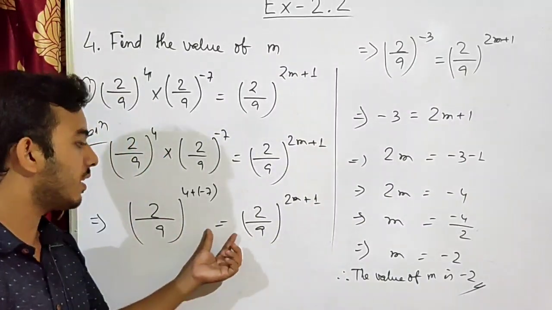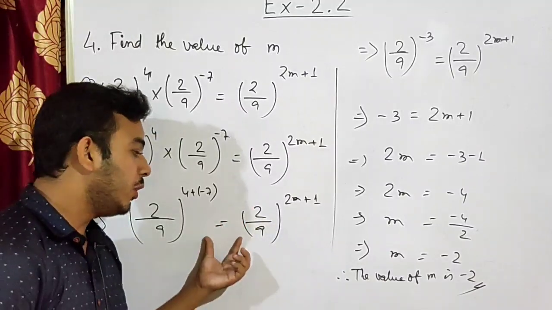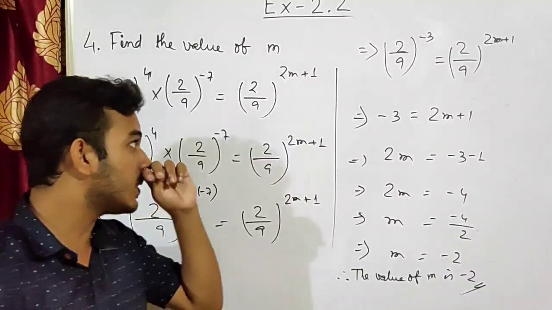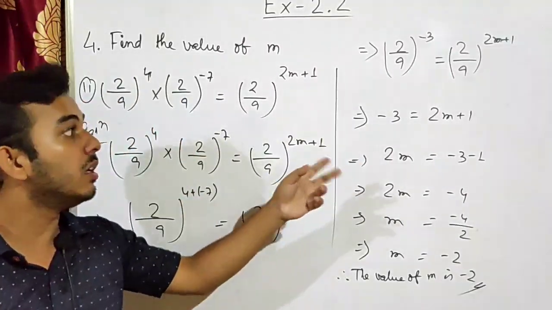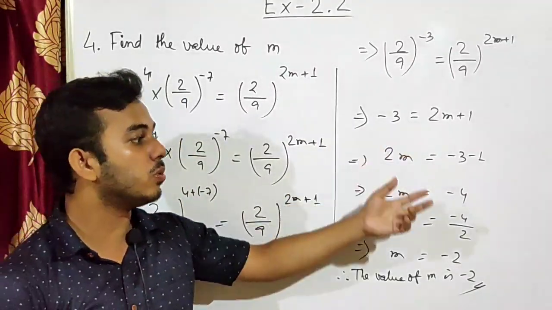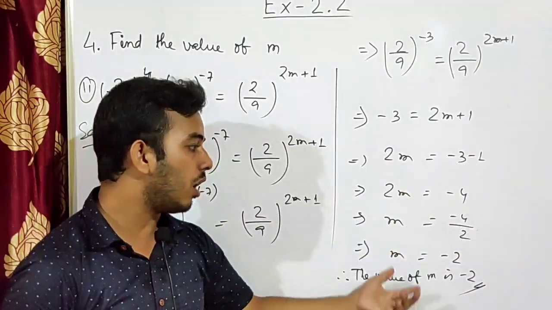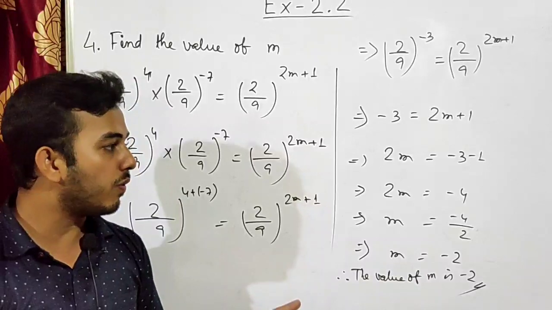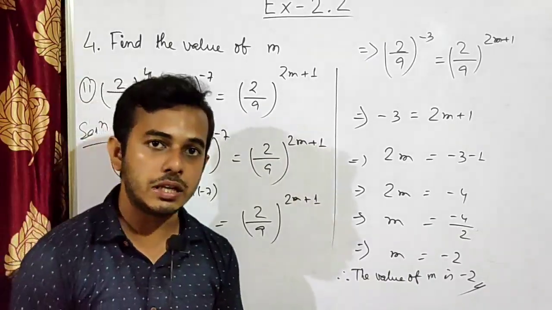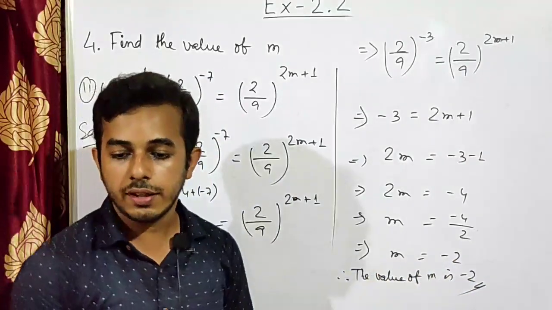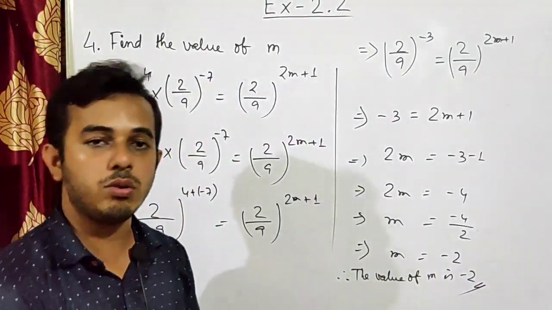Then in the middle we have an equal sign, that means their powers are the same. So just take the powers: minus 3 equals 2m plus 1, and this is a linear equation, and we all know how to find the value of m in a linear equation. So this is the process. Clear? The remaining questions, number 3 and 4, you can solve.